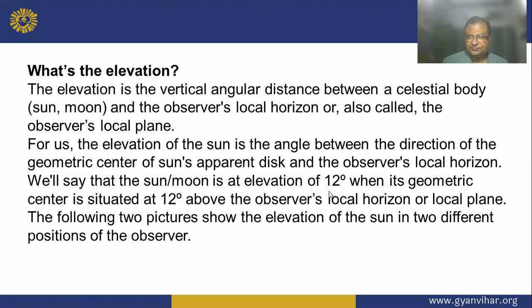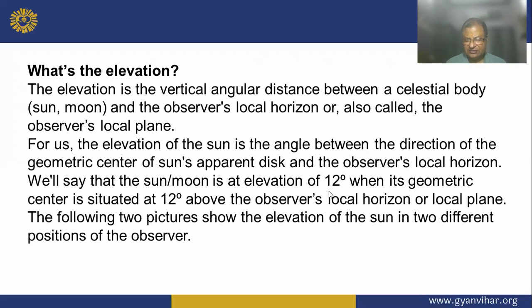For us, the elevation of the sun is the angle between the direction of the geometric center of the sun's apparent disk and the observer's local horizon.